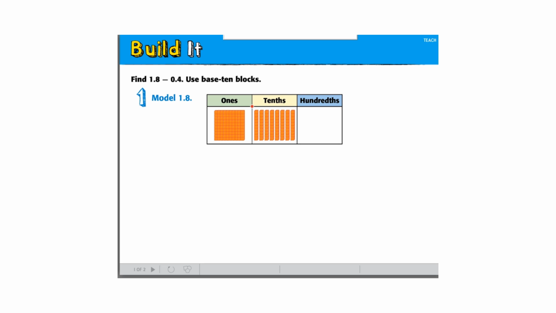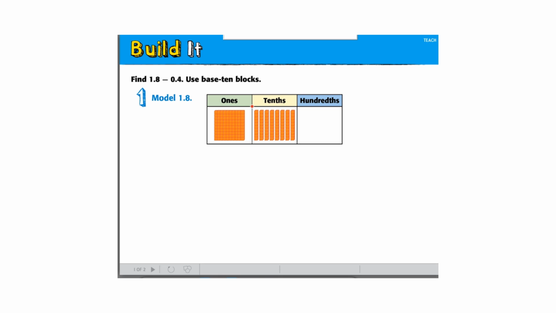In this example, they've already drawn the first number for us. The question is to find 1 8/10 minus 4/10. Put this away. Make sure you're paying attention. Watch what we're doing. Do you see the 3 boxes? Ones, tenths, hundredths.